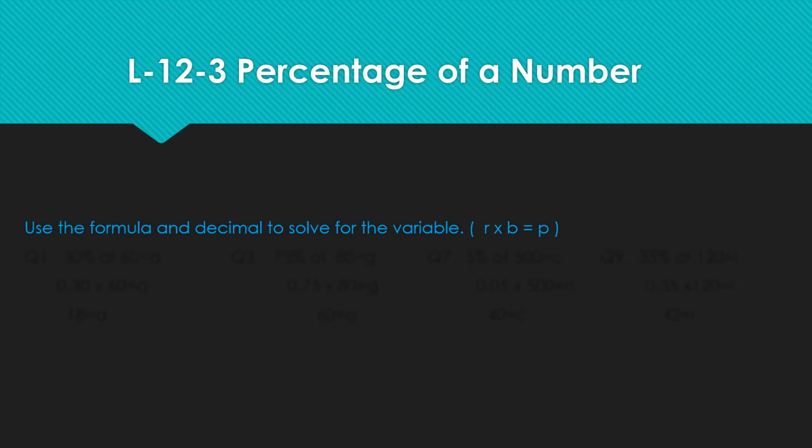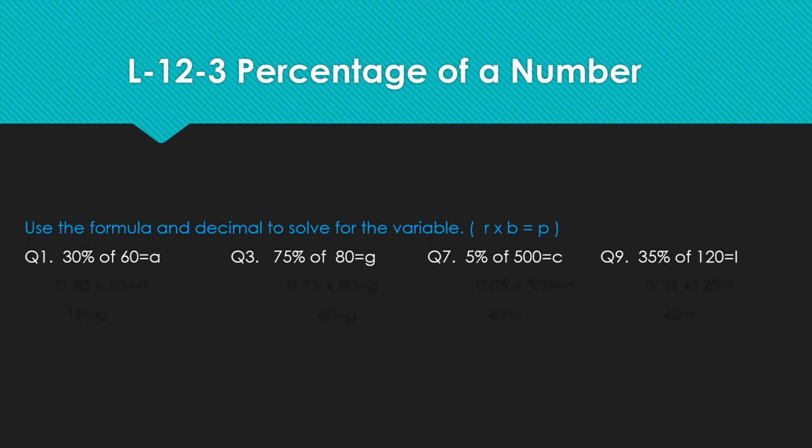Then today's first question is given as 30% of 60. In these 4 questions, from your book, use the formula and decimal to solve for the variable. What is the formula? Again, rate, base and percentage.